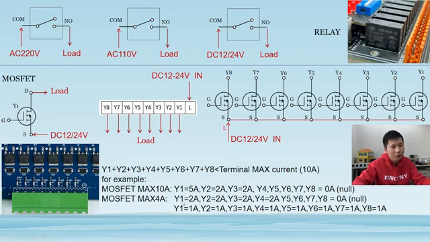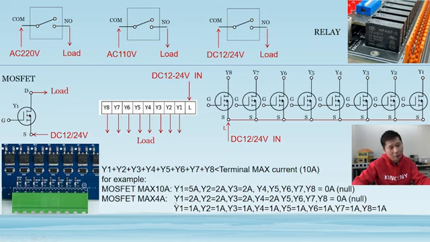Okay, in the second example, Y1 is 2 ampere, Y2 is 2 ampere, Y3 is 2 ampere, Y4 is 2 ampere. This added together is 8 ampere. So make sure your Y5, Y6, Y7, Y8 have a smaller current, just not greater than 10 ampere.